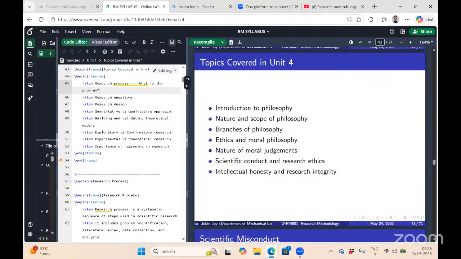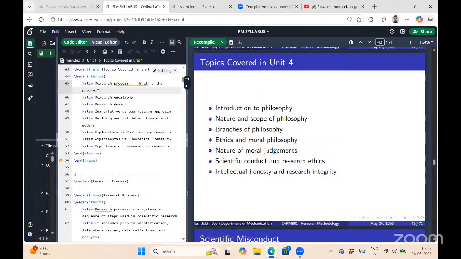Intellectual honesty and research integrity. Intellectual honesty means proper credit is given to others' ideas and works. Research integrity means truthfulness and reliability in research. Researchers should avoid false reporting and plagiarism.